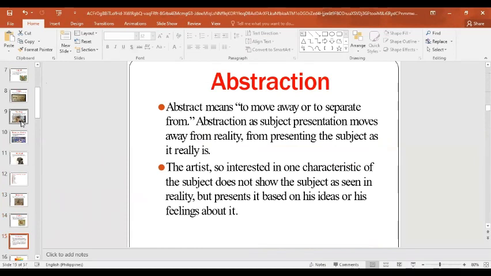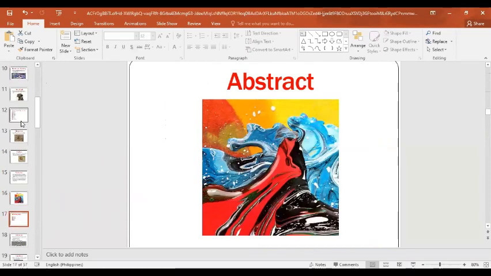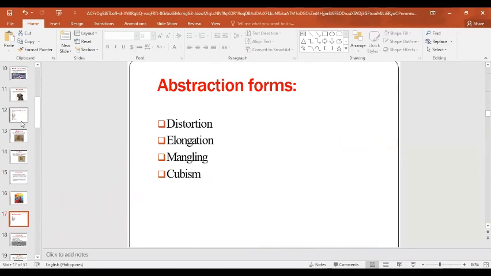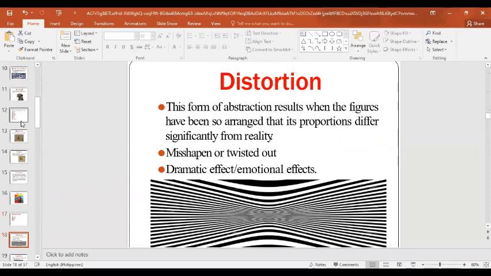We also have abstraction, meaning to move away or to separate from. And we also discuss the abstraction forms such as distortion, twisted out or misshapen, elongation, stretch vertically. We also discuss mangling, and also cubism.